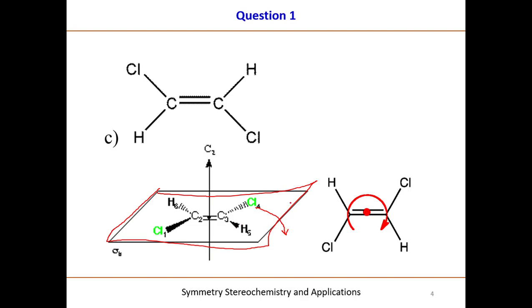So that's why a sigma h plane is present, and a C2 axis is present this way. That means the point group for this molecule will be C2h. Did all of you get it?